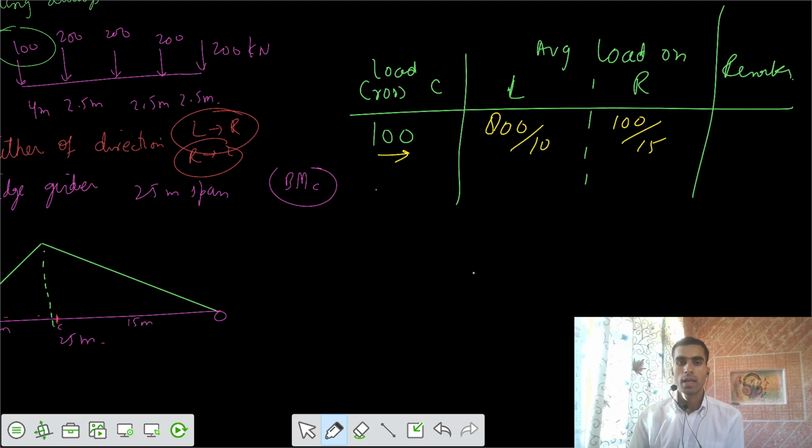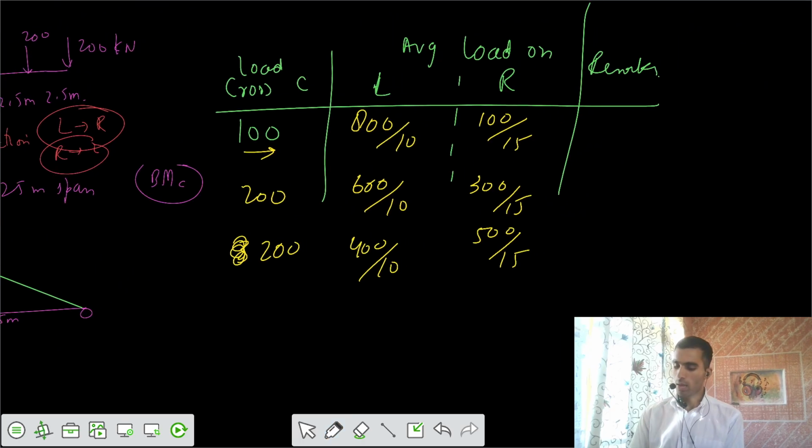Similarly, the next load is 200. From this side we have 300 by 15, and from this side 600 by 10. Let's go for the third load, which is also 200. From this side we have 500 by 15, and from this side 400 by 10.